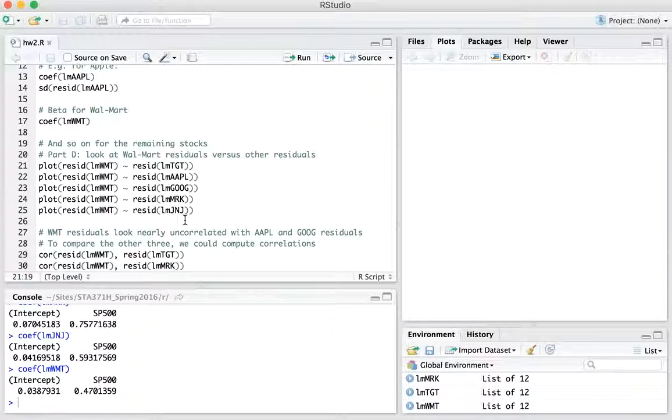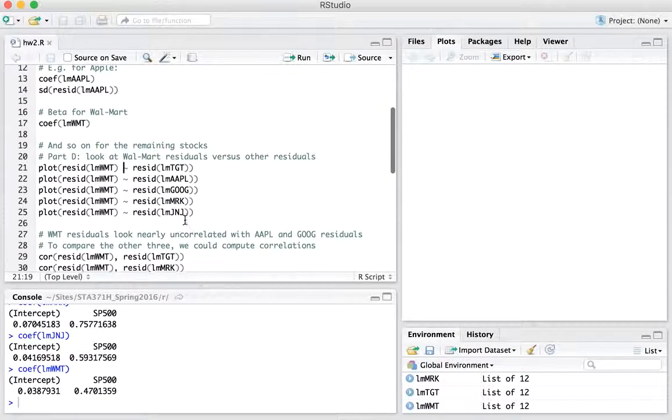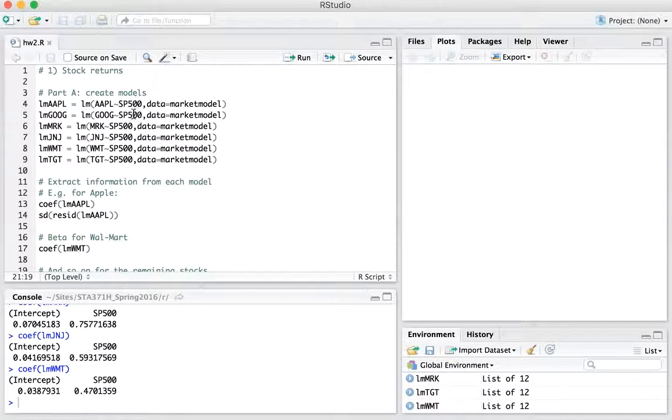And so there's a key insight here, which is that that's a statement about the residuals from the regression models that we fit in Part A up here. If we look at this model right here, the model for Walmart, the residuals from that model represent the returns for the Walmart stock once we adjust for Walmart's dependence on the market.